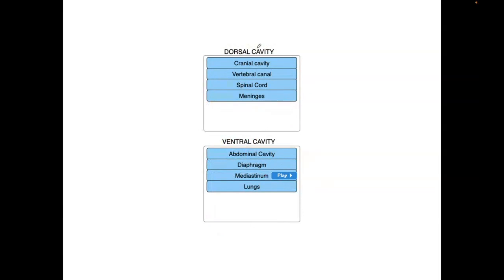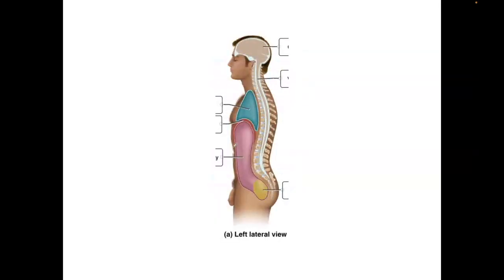Now, I'm also going to show you a dorsal cavity and a ventral cavity. So everything in this picture in the front, everything here is the ventral cavity, and everything back here is the dorsal.